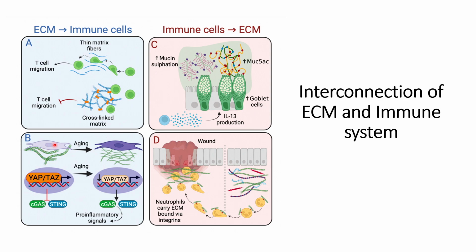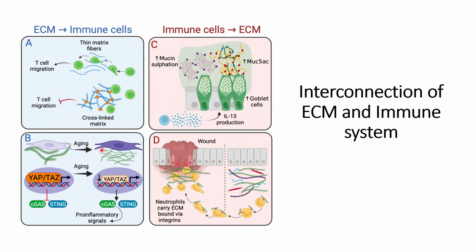The next panel is about the impact of aging on the extracellular matrix. The figure on the left side of panel B is before aging, and we can see that T cells can move easily, and the cross-linking in the extracellular matrix around the T cells is not very high.